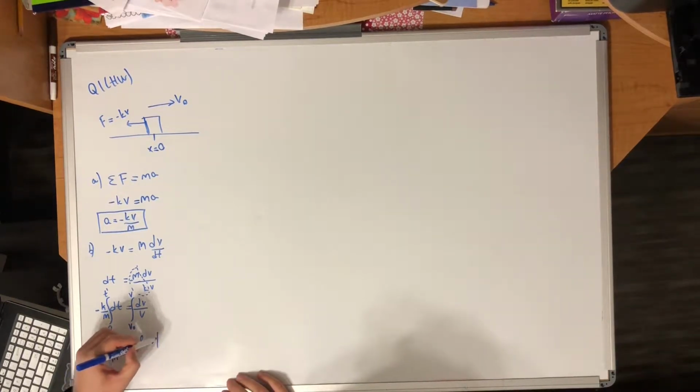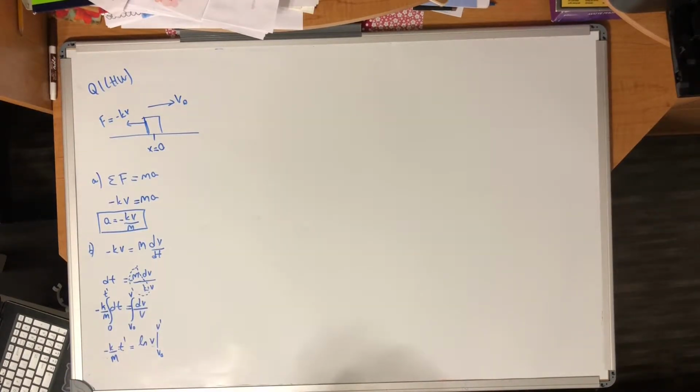And what should I do? I should substitute it with the upper and lower boundaries. Once we do this, what are we going to get?